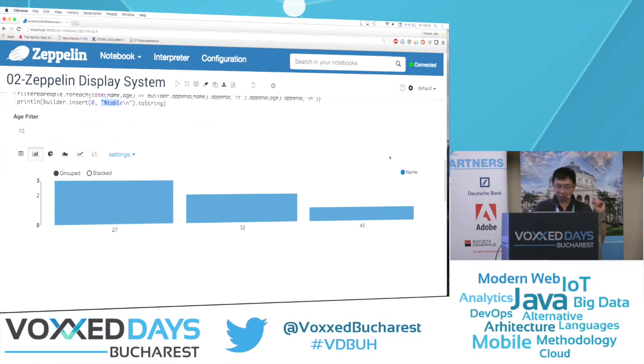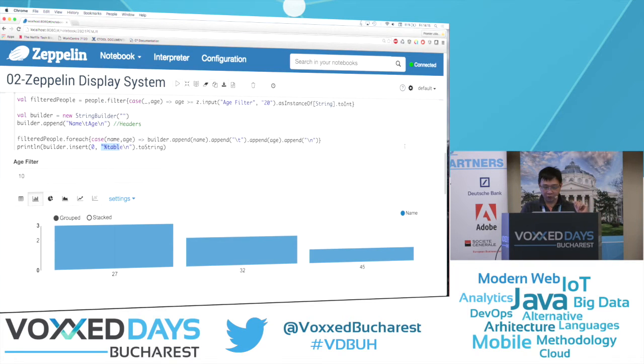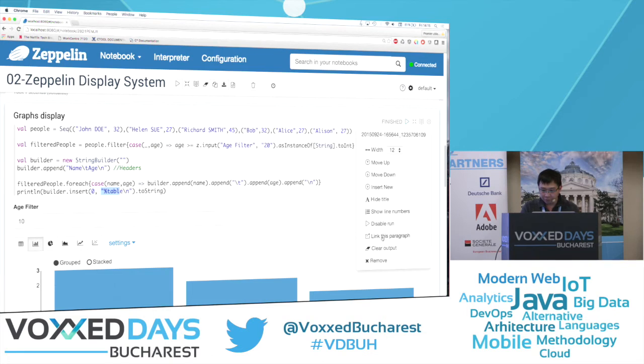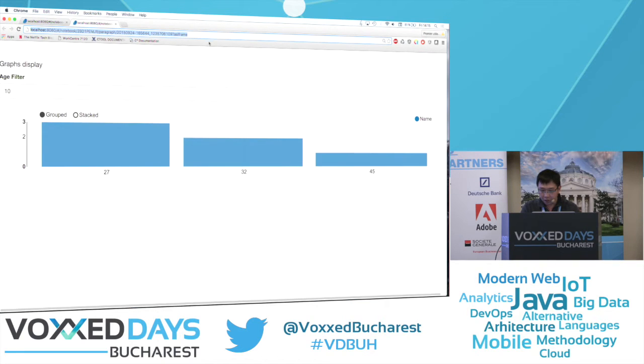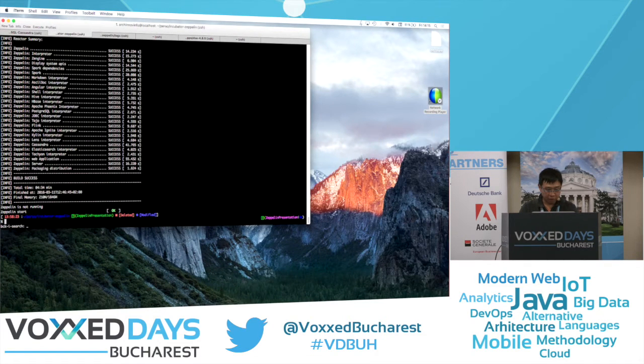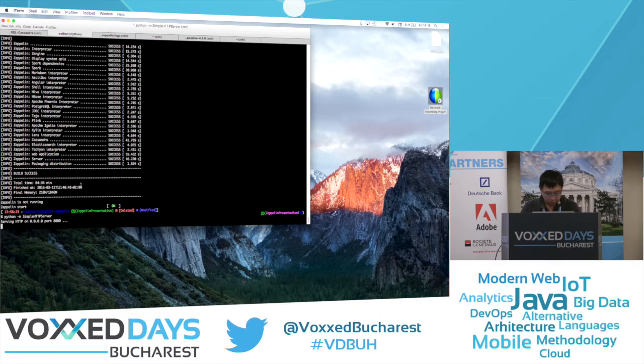Very simple. There is a very nice feature which is export as iframe. So here, link this paragraph. So here you have a link. You copy paste this link, and then you create yourself an HTML5 page from scratch. Okay, and then you put this link in an iframe. You start.